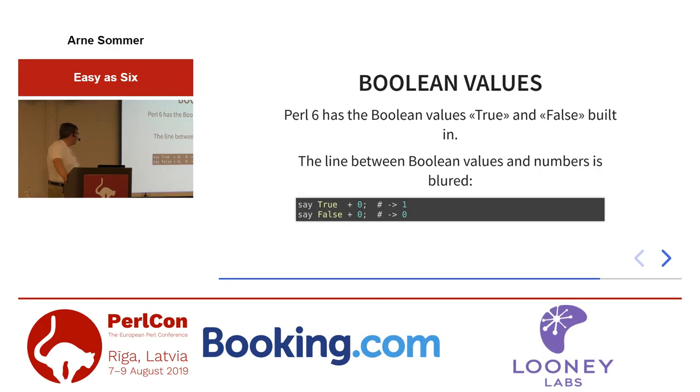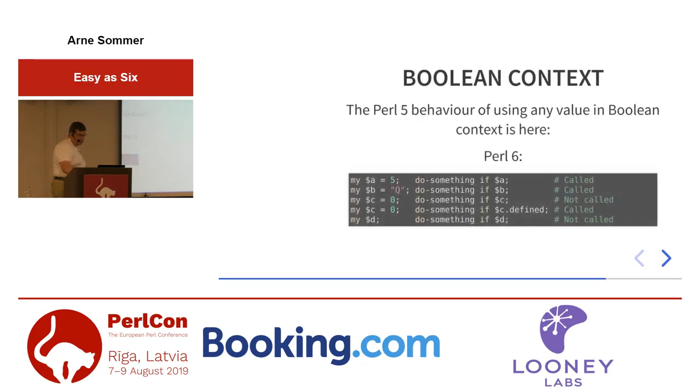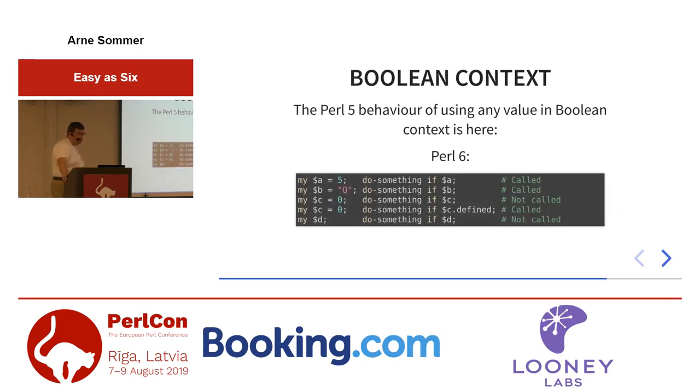True is 1 and false is 0. And this means that Perl 6 has the same support for using anything in a Boolean context as Perl 5, with the same problems. Especially that one.